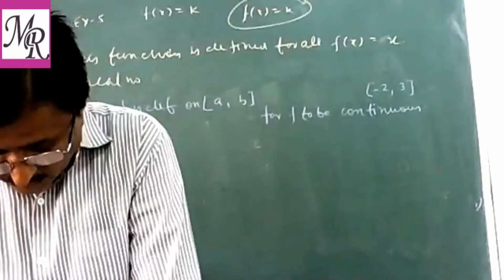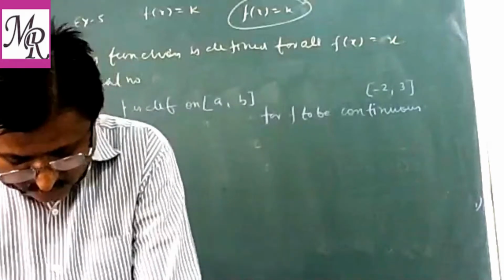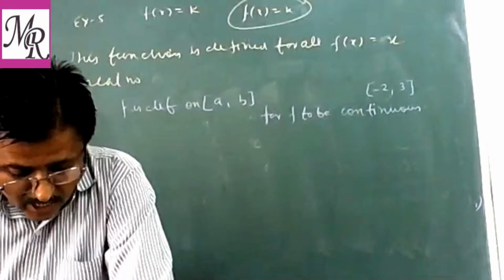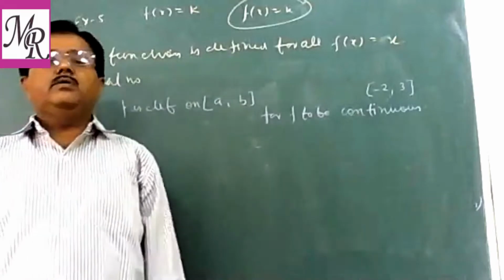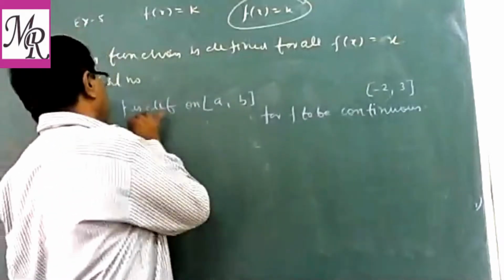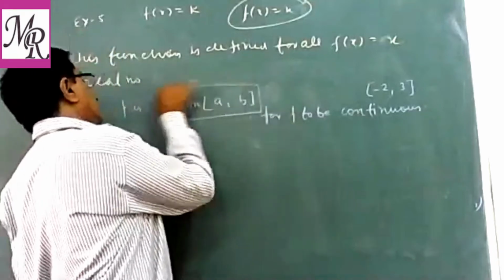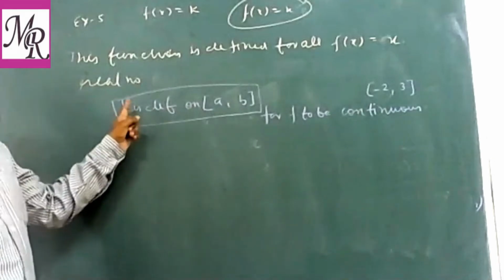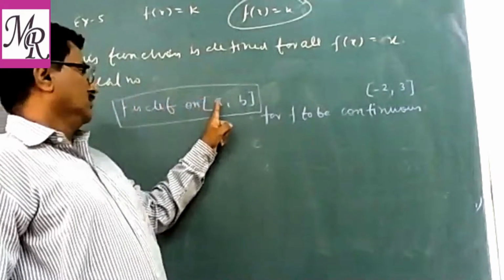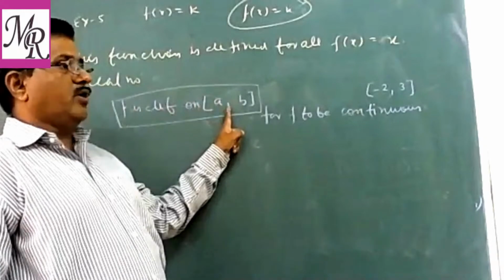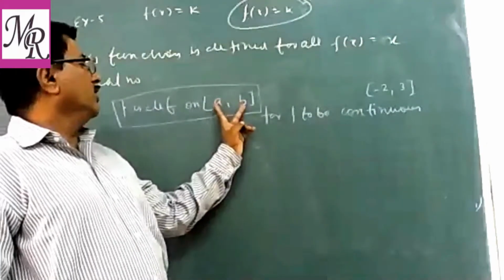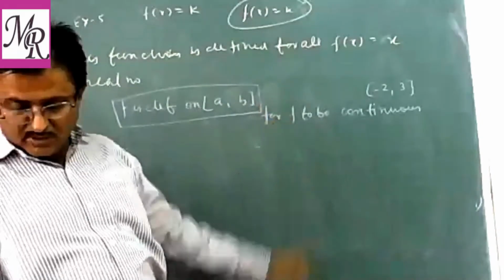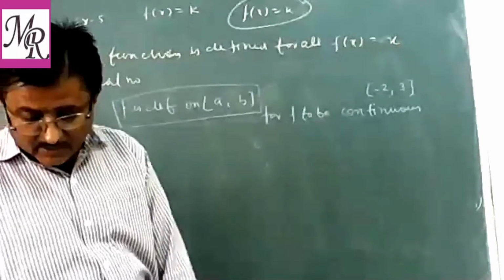It needs to be continuous at every point in the closed interval [a, b], including the end points a and b. If we are saying this function is continuous on this interval, it means this function should be continuous at every point of the interval, including the end points, means at a as well as b. Clear?